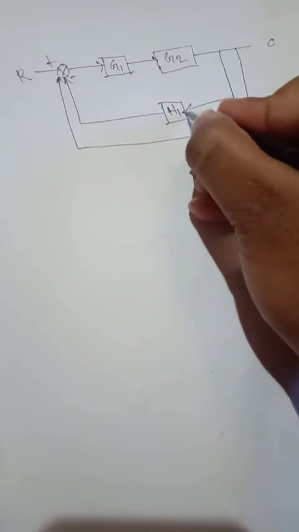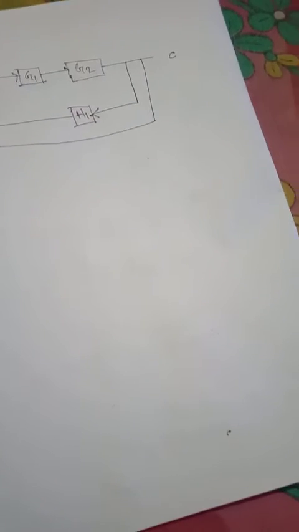R is the input, the output is C. Another feedback path has no feedback element. There are minus and plus signs. Reduce the diagram to a single block and determine the resulting equivalent transfer function.